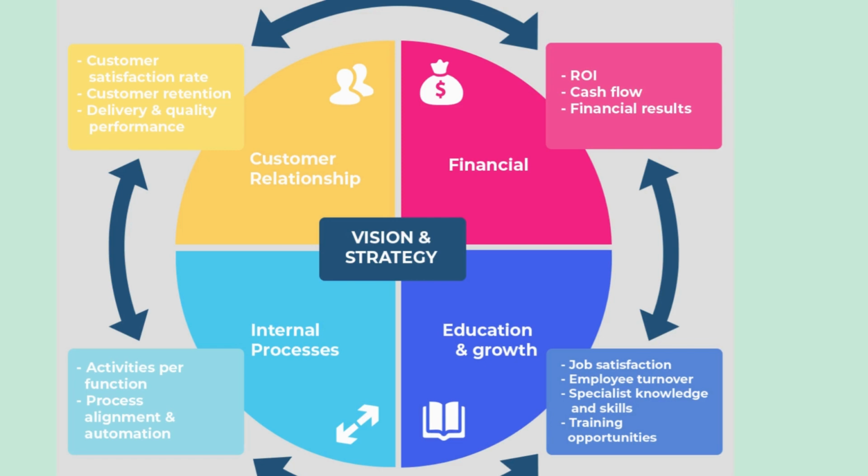And the last element is the learning, education, and growth, the L of the FICL. And that is, how do we add value to our current learning, education, and growth? How do we improve our employee turnover? How do we improve job satisfaction? So how do we go about doing that? Well, maybe we can send our staff on training.